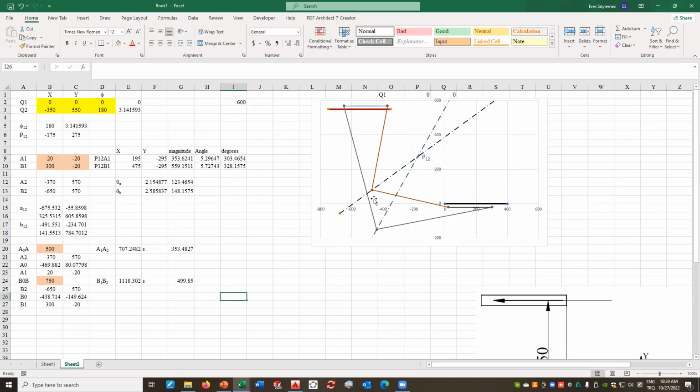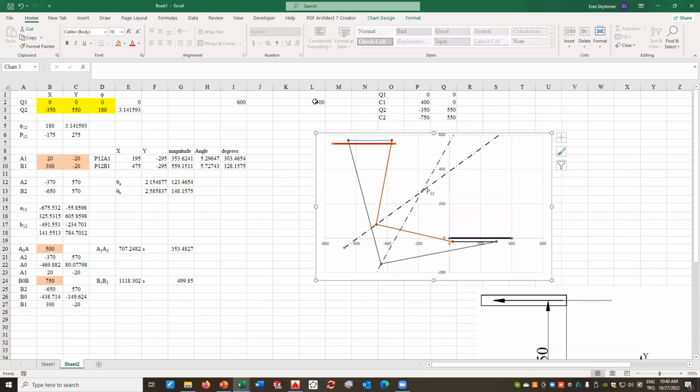Now, for the animation, number 1, I know the link lengths A0A, B0B. I have to know A0B0, correct? A0B0 length. A1, B1 length, AB length, I have selected as over here 400. I know that. No, I haven't selected it. I can determine that length from here.